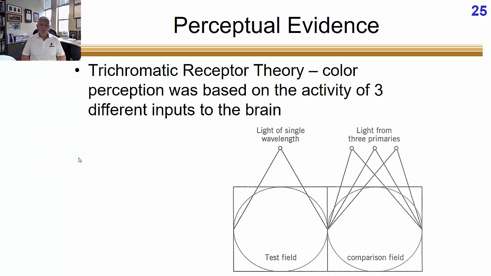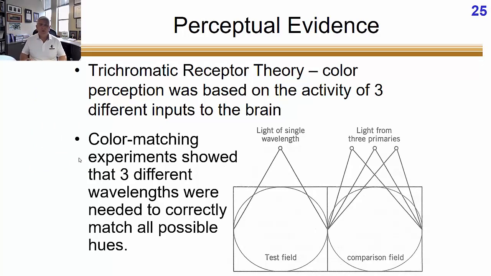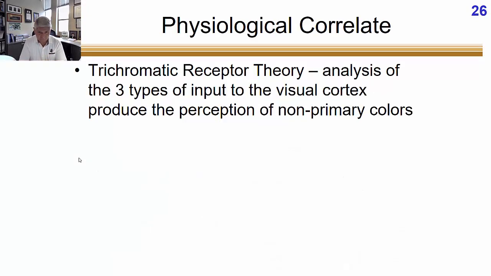All right, so as I mentioned, people were able to deduce the trichromatic receptor theory, that we have three receptors, three different photopigments in the cones, by experiments with blue, green, and red lights, showing that we can mix combinations of those to mimic any single monochromatic wavelength of light.